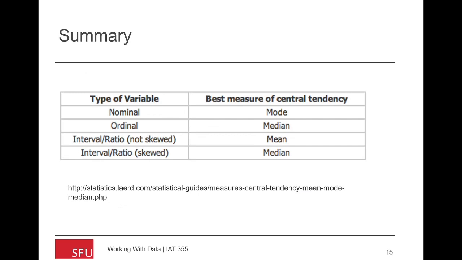So in summary, given the type of variable, you should select the centrality measure, the measure of central tendency, according to what kind of data that you've got. For nominal data, that is to say names or categories, the best measure of central tendency to use is the mode, because typically you would expect a limited vocabulary of names in your nominal data set.